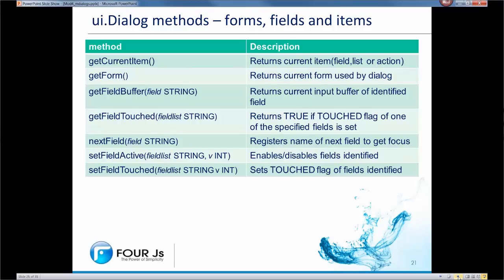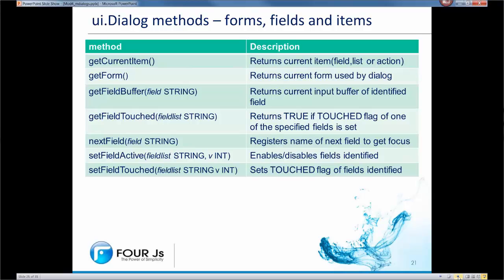Next field tells you the name of the next field to get focus, or registers the name of the next field to get focus. If you want to set a field active or set it inactive, you can use set field active, provide the field name, and provide it with a 0 or a 1.